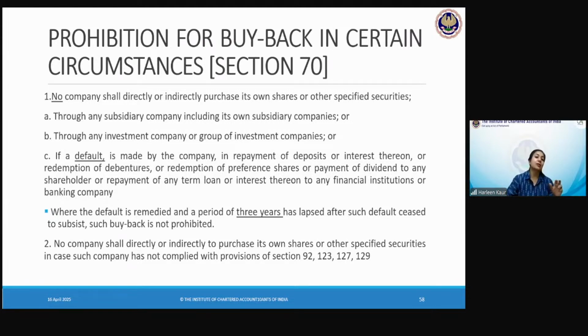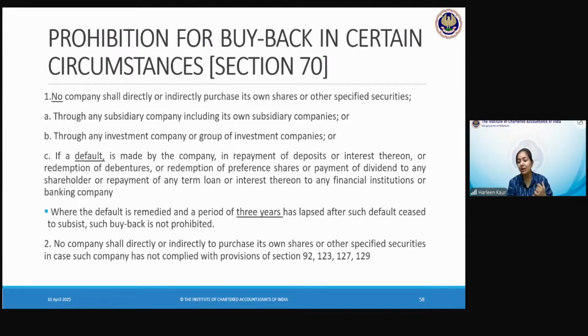Section 70 tells you that you cannot do the buyback in 3 situations. Number 1, you cannot ask your subsidiary company to go and do the buyback of your securities. Number 2, if I am ABC Limited, I have made a default in repaying my debentures, or I have not redeemed my preference shares on time, I have not repaid my deposits on time. Can I do a buyback of securities? You are a defaulter, you don't have money to pay to others, and here you are buying your own securities back.